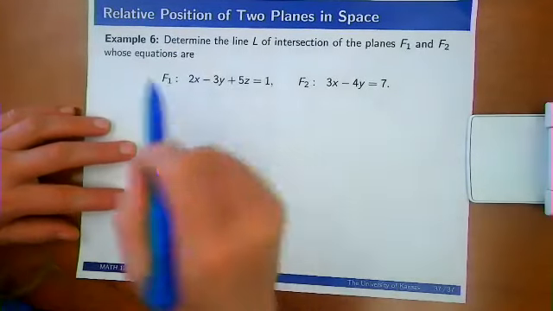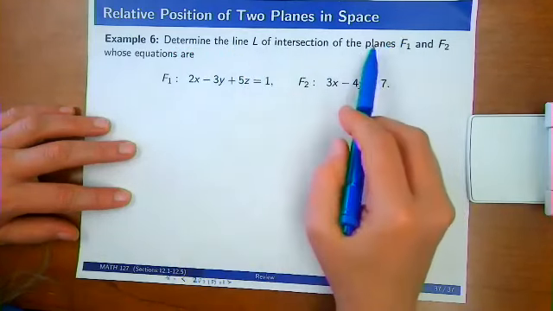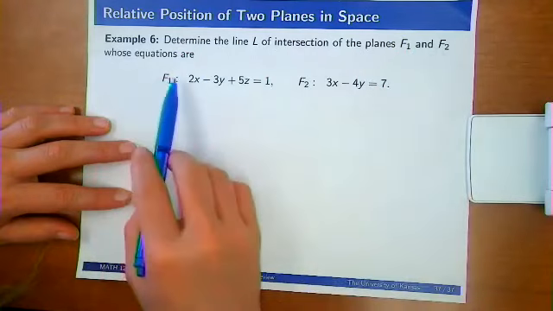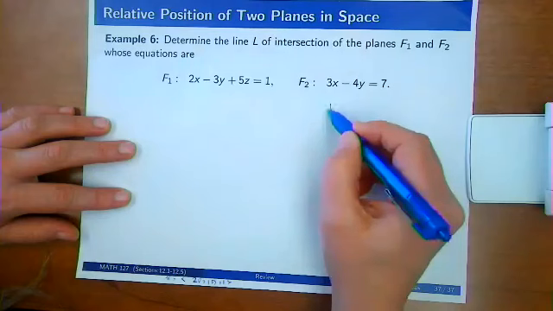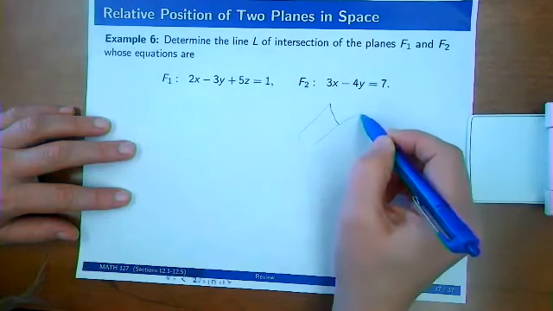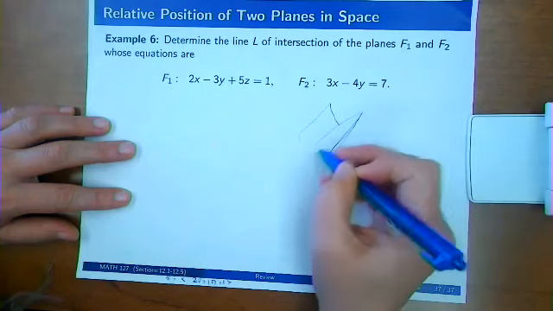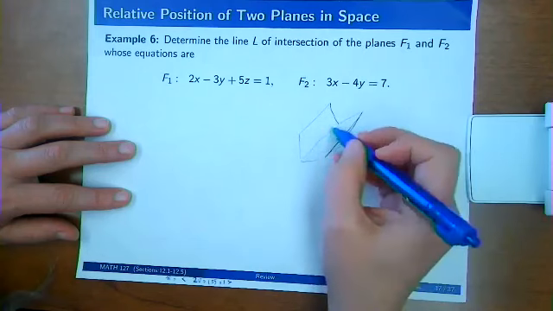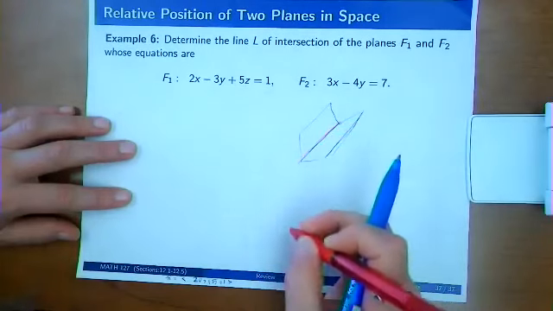In this problem, it's asking to determine the line L of intersection of the planes P1 and P2, whose equations are these two. So if I have plane 1 and a second plane here, and sorry about that, they intersect in a line over here.